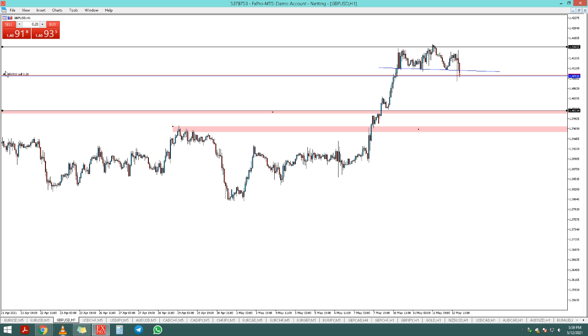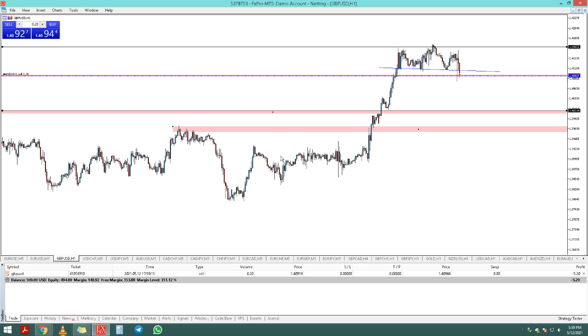And there we go, the order has been accepted. Then you can easily adjust your stop loss as well.